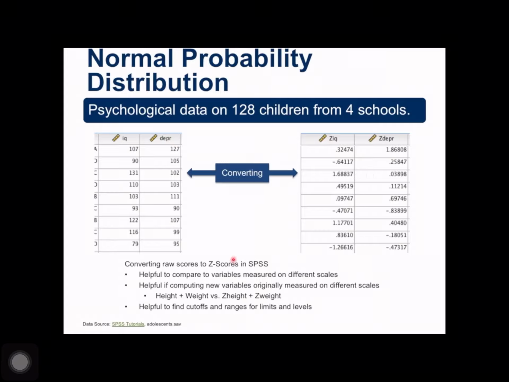This can be useful when you have different variables like height and weight that could be measured on very different scales. If you convert them into z-scores, they're more interpretable. You can actually do arithmetic on z-scores of combined scales in some ways that remove some biases, and so sometimes it's helpful. You just have to change the way you're interpreting the data. But that can also be a way of comparing things.